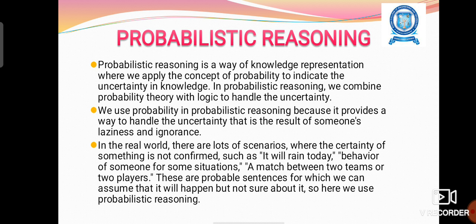And who will win a match between two teams or two players, we can't tell in advance. Such situations are called uncertain situations, and this information is called uncertainty. So in such cases probabilistic reasoning is used.